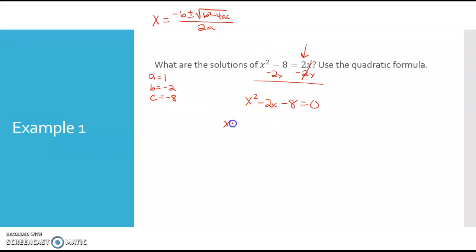So we know that x equals opposite B. So my B is -2, so opposite B would be +2. So we have 2 plus or minus the square root of -2 squared minus 4 times my A, that's 1, times my C, that's -8, and then divide all of that by 2 times 1.